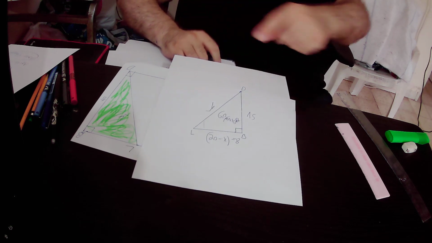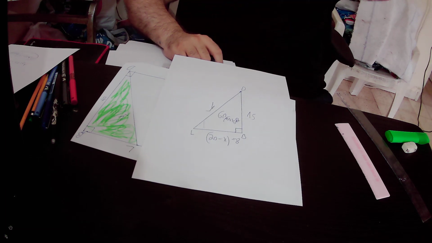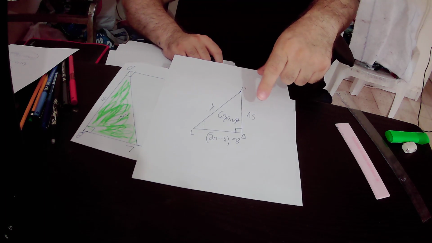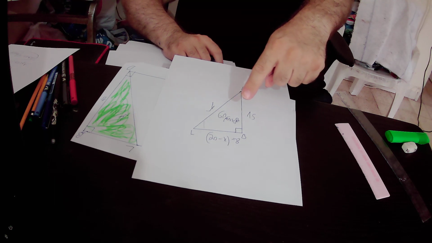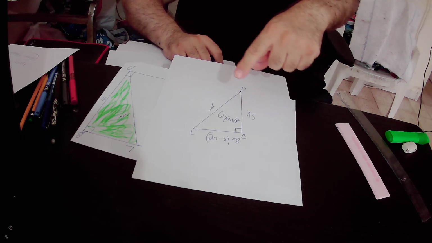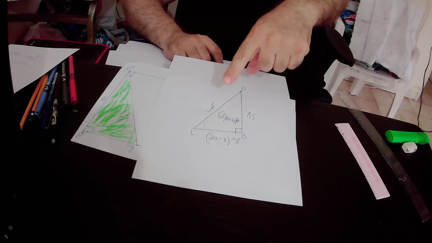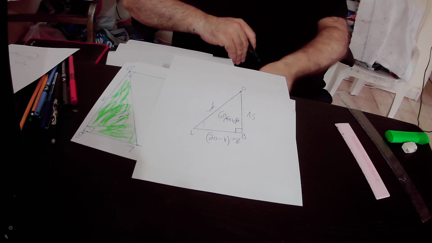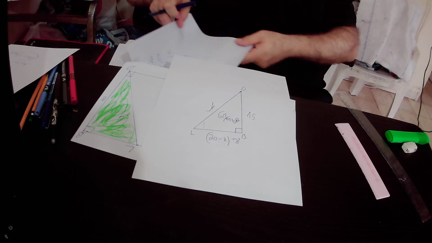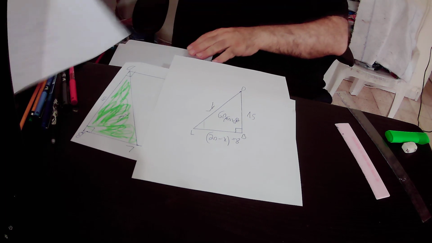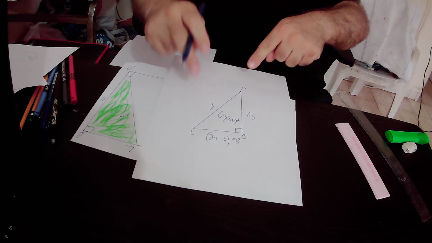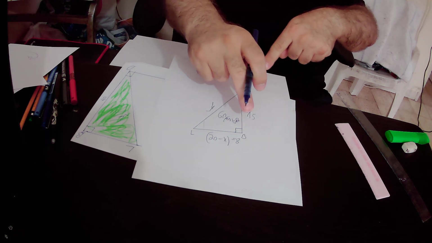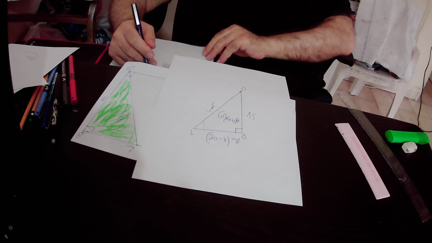So in this right triangle, we know that DB equals 15 units, LB equals 8 units, and we will use the Pythagorean theorem in order to find the value of y. According to the Pythagorean theorem, the square of the hypotenuse equals the sum of the squares of the perpendiculars.